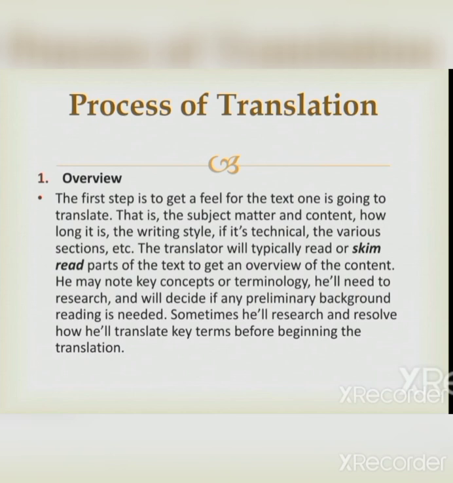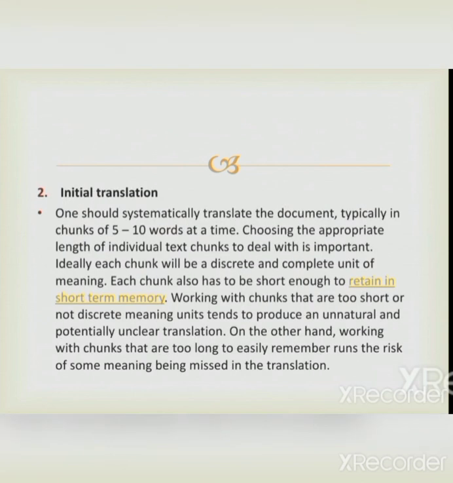He may note key concepts or terminology. He'll need to research and will decide if any preliminary background reading is needed. Sometimes he'll research and resolve how he'll translate key terms before beginning the translation. Next step is initial translation.